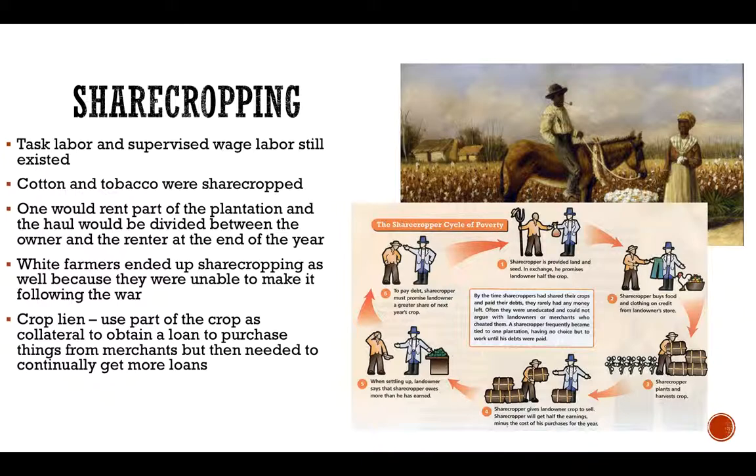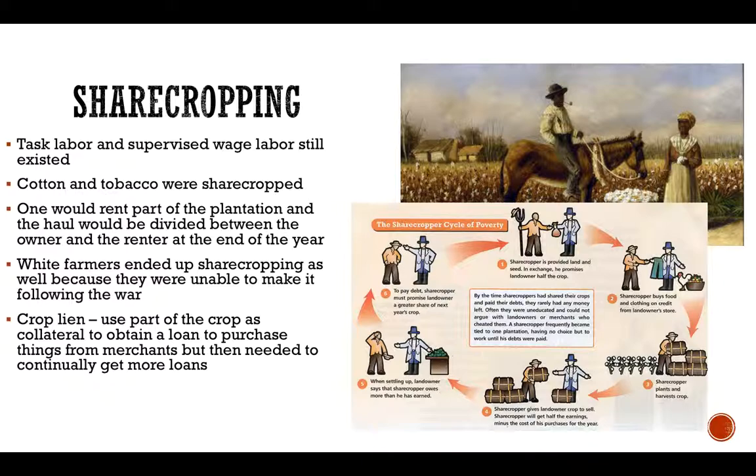So task labor, meaning if you completed your task, you could move on to something else. Supervised wage labor meant that you would be working for an hourly wage. Cotton and tobacco, which were these huge crops that were previously taken in by enslaved people, were now sharecropped.